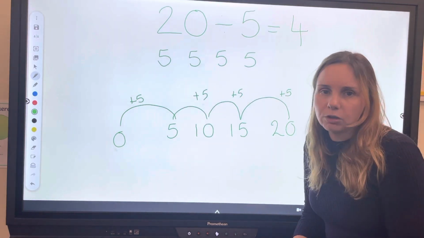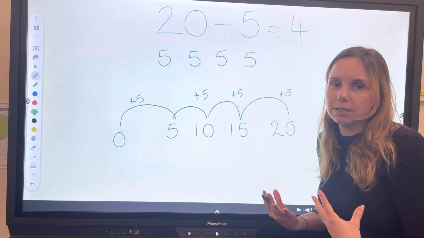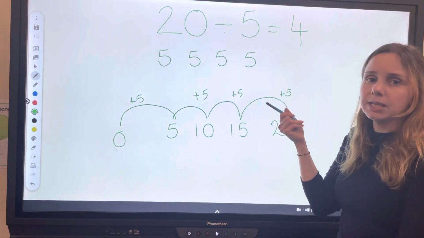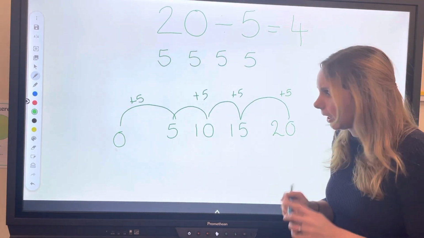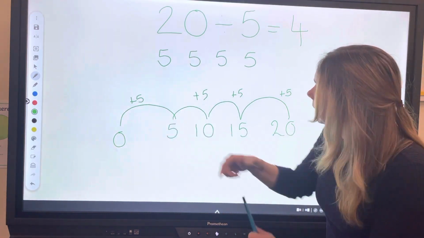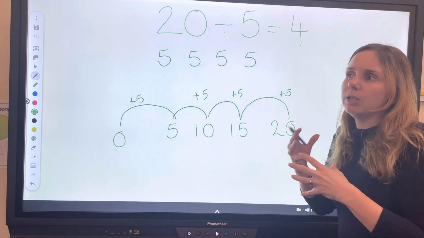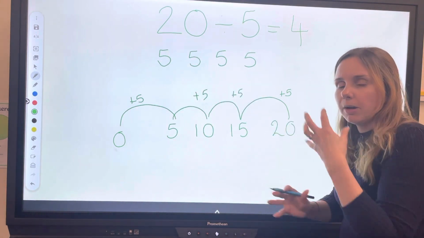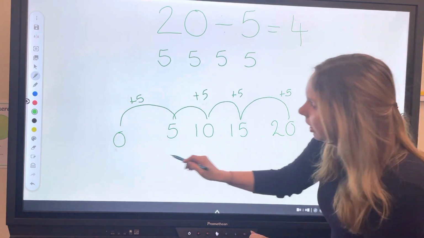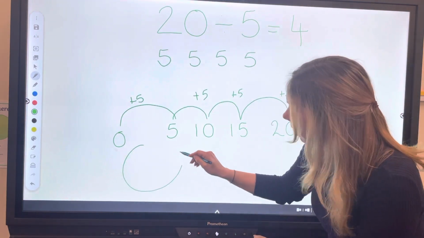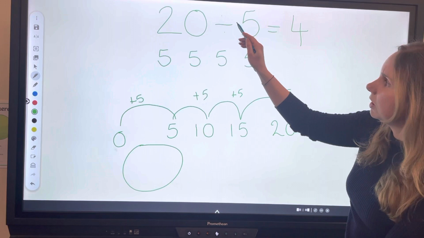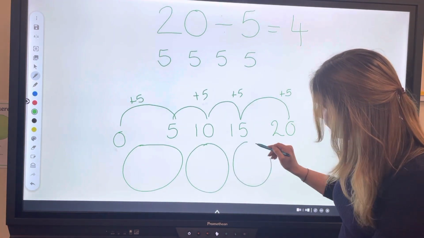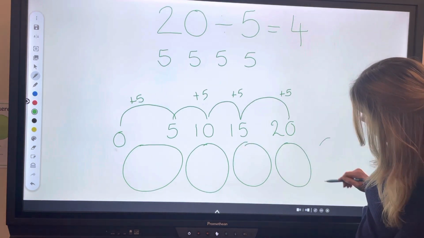We have talked about drawing pictures and using counters. If you are really finding it hard to count in 5s, then please use the pictures. I'm just going to model it once on here because we should by now be able to count in those 5s. But some of us at home, I understand that is really tricky. So if you can't count in 5s, draw your pictures. So we know we shared into 5 groups: 1, 2, 3, 4, 5.